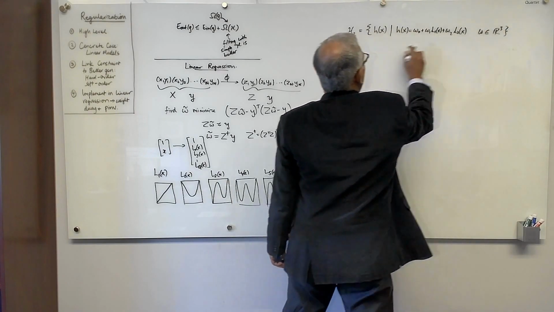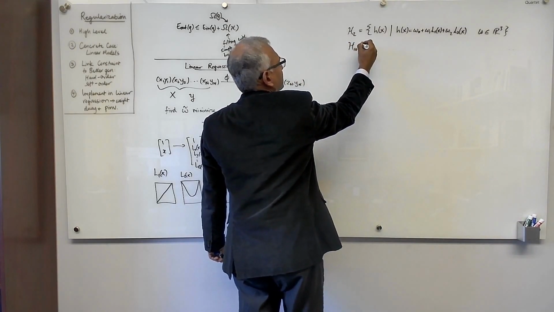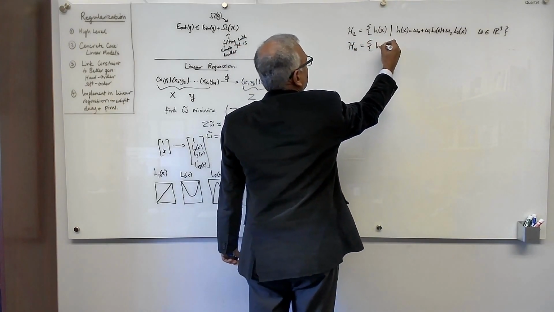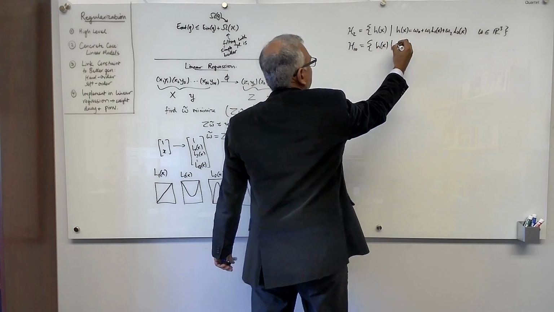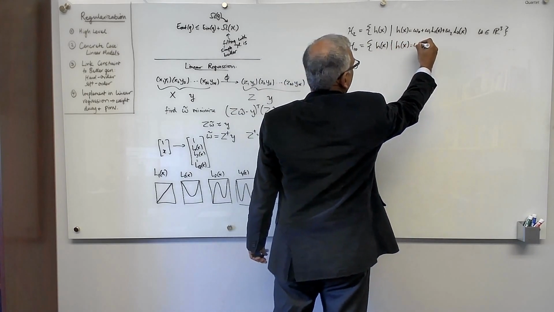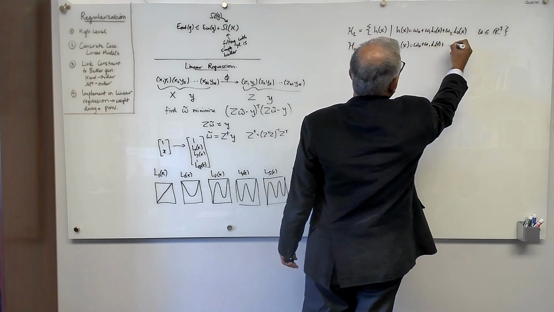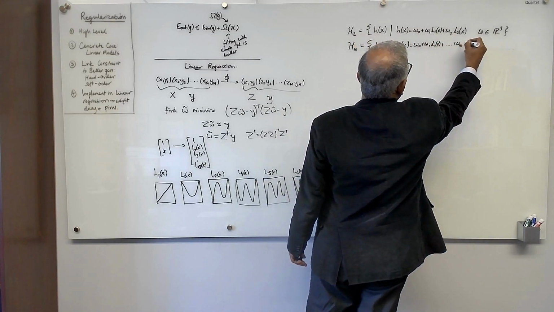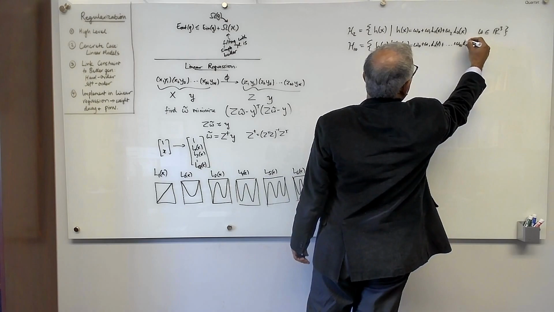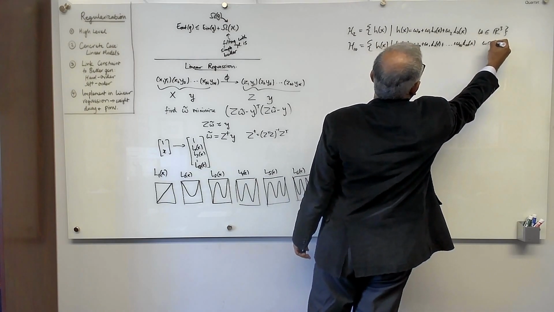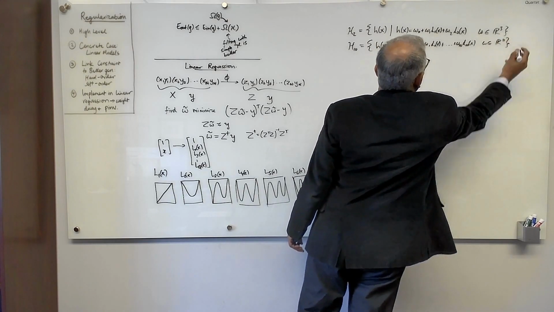So you have three parameters. And H10, hypothesis set 10, which is the functions where h of x is equal to w0 plus w1 L1 of x plus up to plus w10 L10 of x, where w is in R^11. So these are just two concrete models.